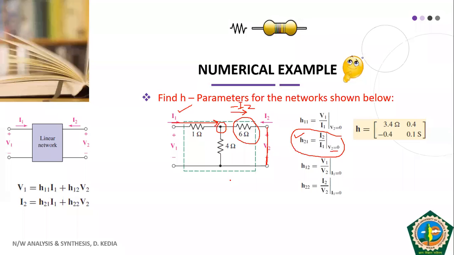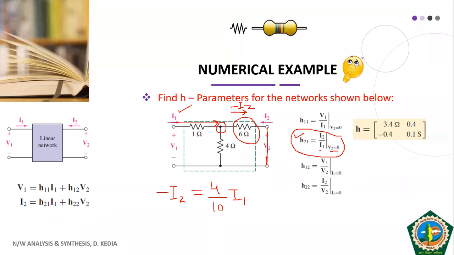Now I can simply apply the current division rule. According to this, minus of I2 is nothing but the current which is present across the 6 ohm resistance. Current will be dividing between 4 ohm and 6 ohm, so we will have 4 in the numerator. In the denominator we have 4 plus 6, that is 10, and the total current is your I1.